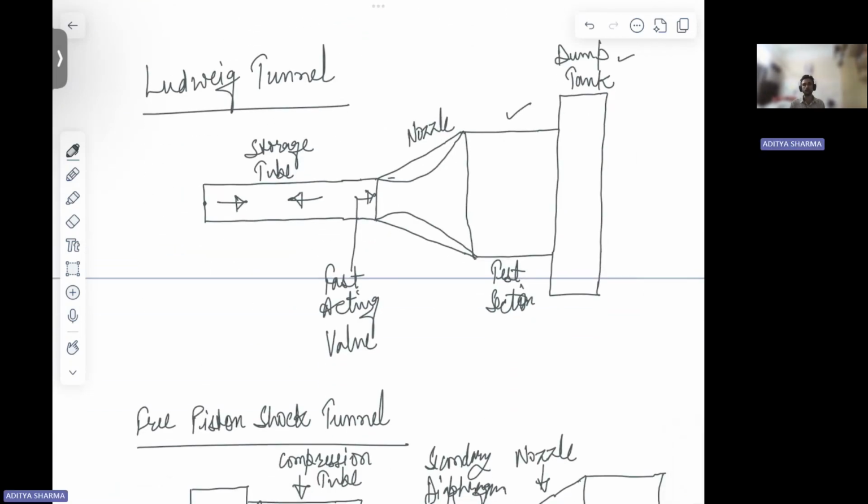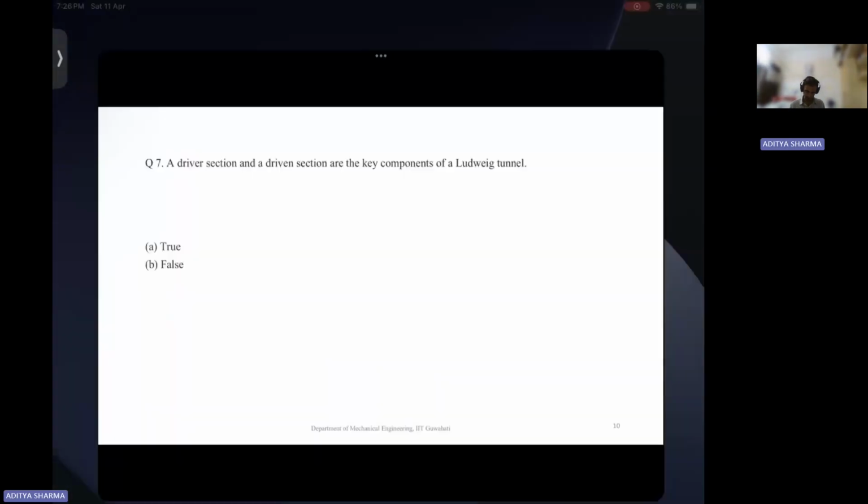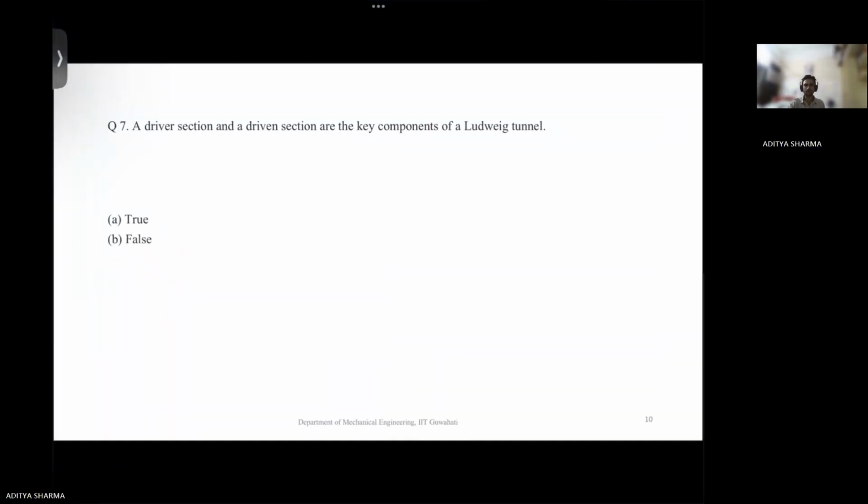If you see your Ludwig tunnel, there is one single tube only, which is being pressurized. There are no separate driver and driven tubes. So in that case, this becomes a false statement.